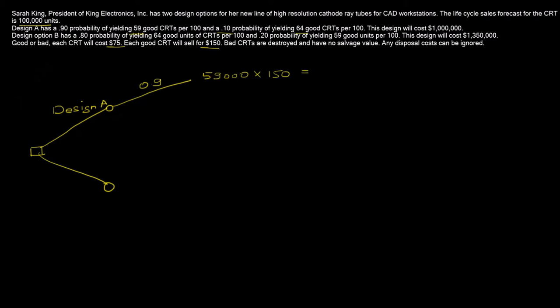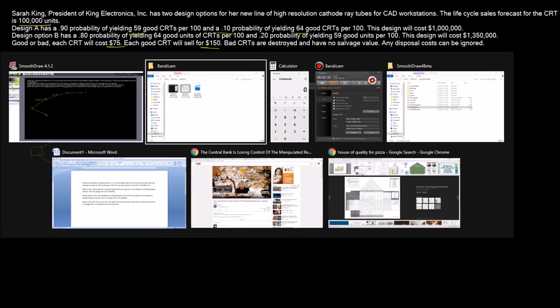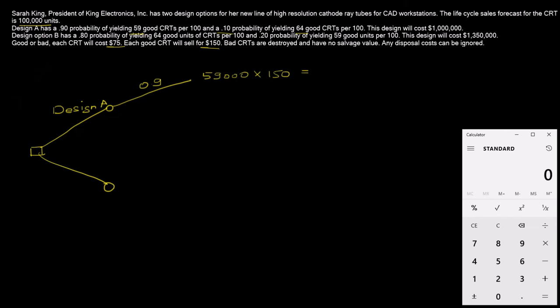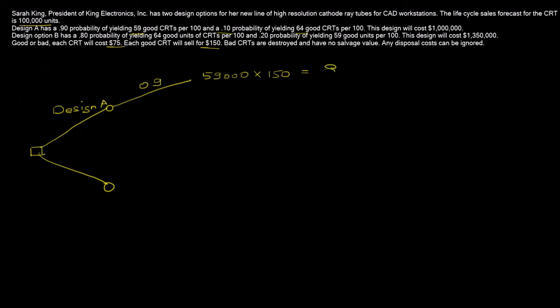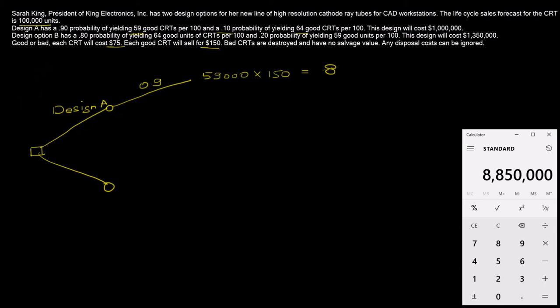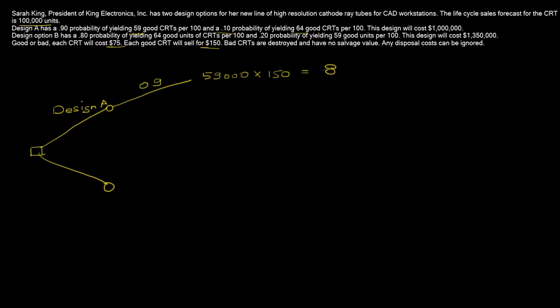So that would be, let me pull out my calculator, 59,000 times 150. That's 8,850,000. So that's our total sales.